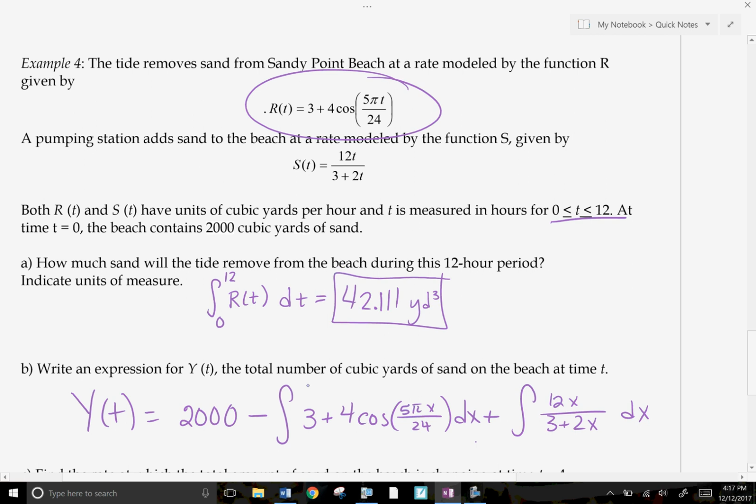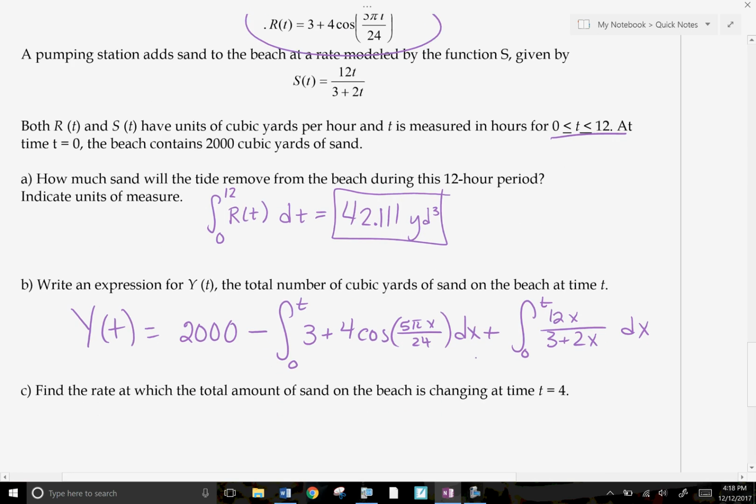And I am going to do this from 0 to t. Does that make sense? So remember, if I integrate with a variable bound, that means I can change my time at will. And this might be even easier to write as a single integral.